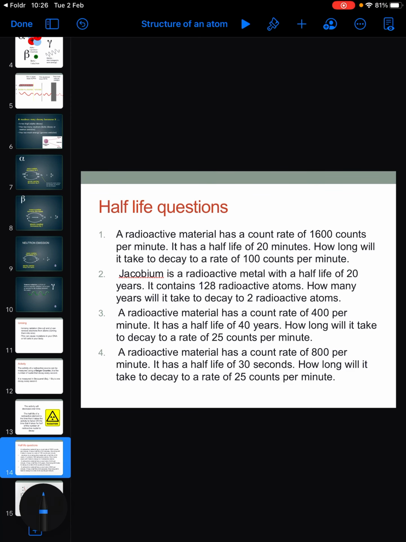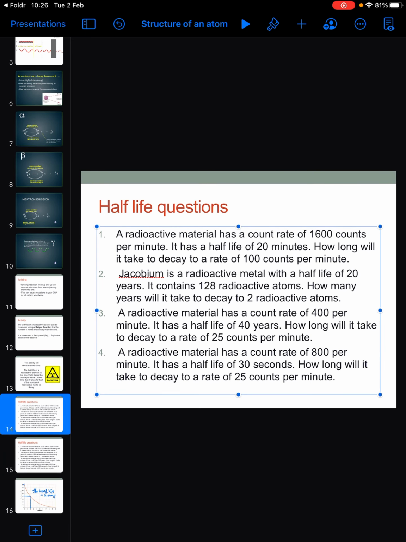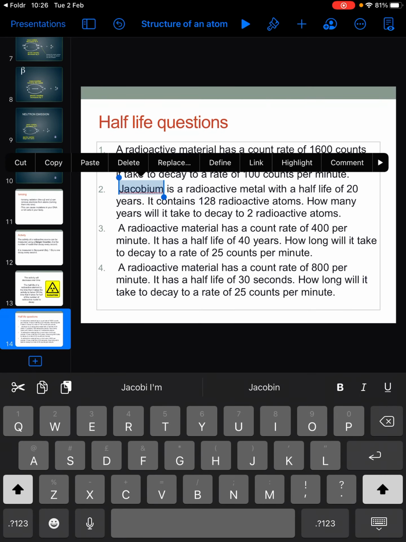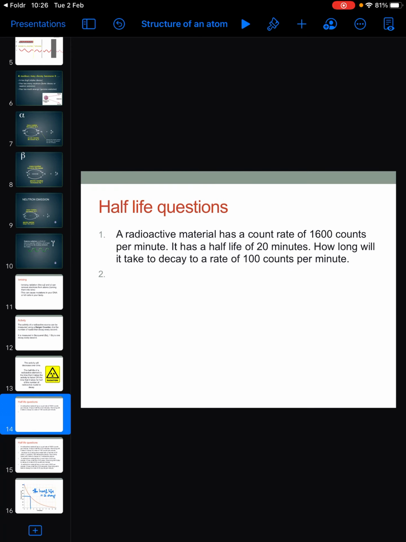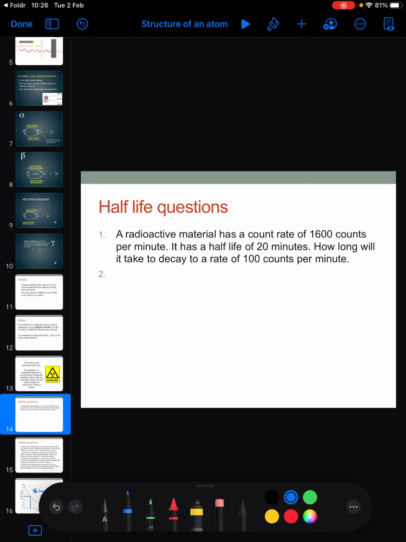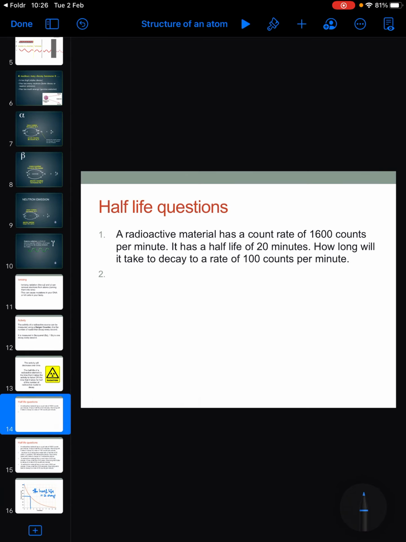Right, half-life questions. So let's copy and paste this. The way I make my Year 10s lay these out is: start, end, time, half-life.